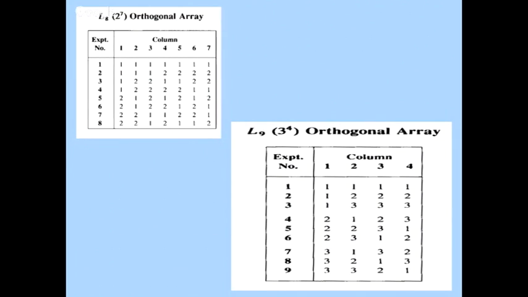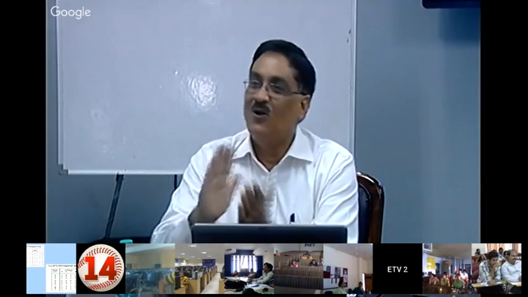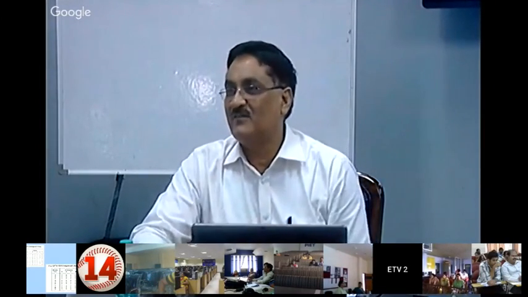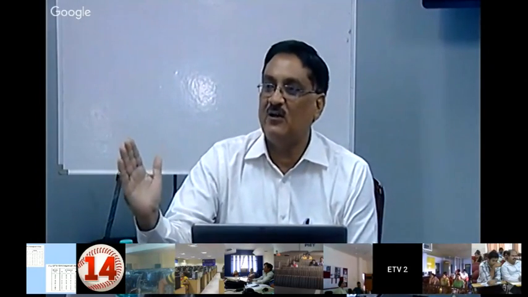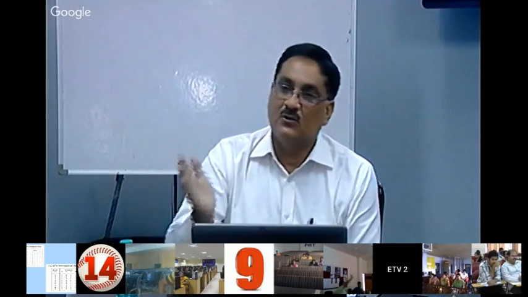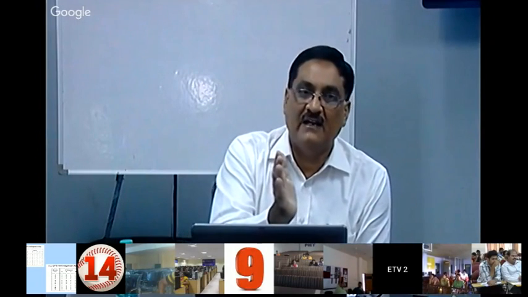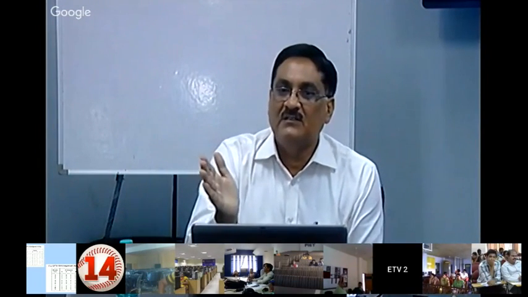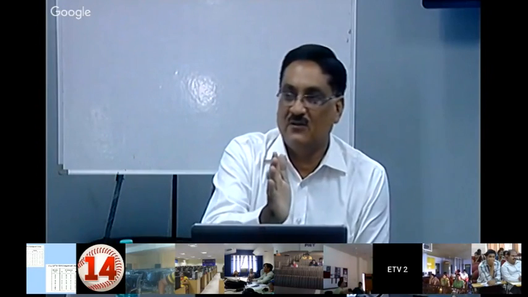So you put 3 factors, the 4th column is left blank. That will not affect your experiment because all columns are orthogonal in nature, isn't it? All combinations occur an equal number of times. So if you leave a column, it doesn't matter. You can always use an orthogonal array with 9 columns to study 6 factors.